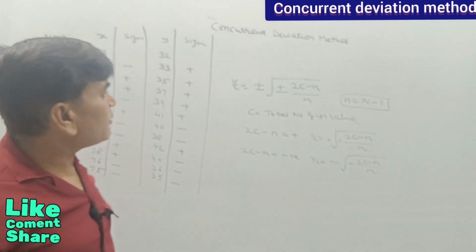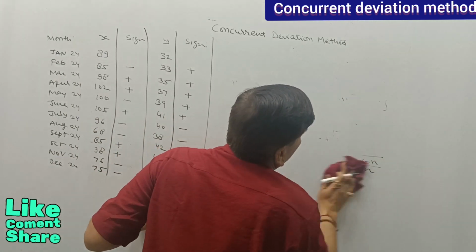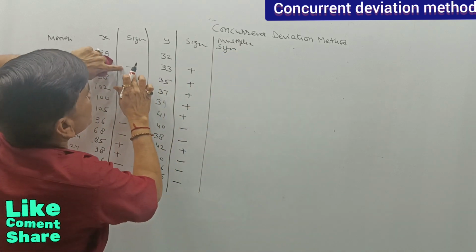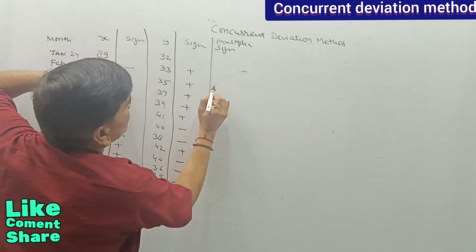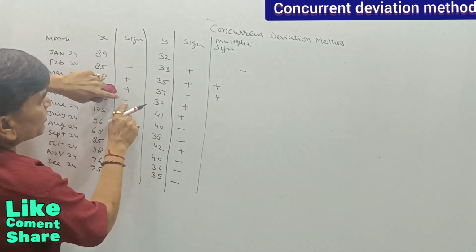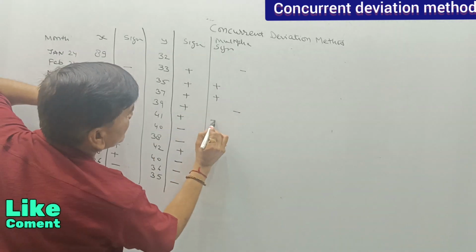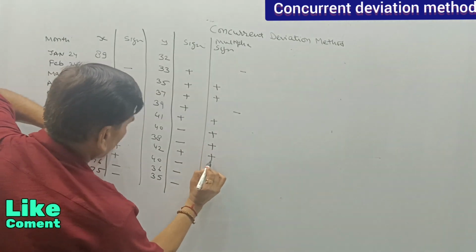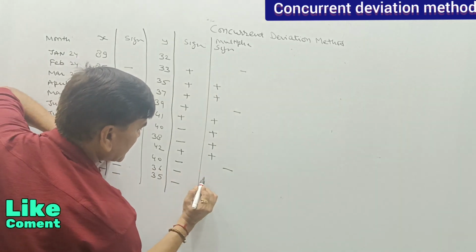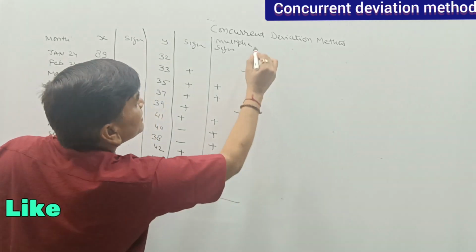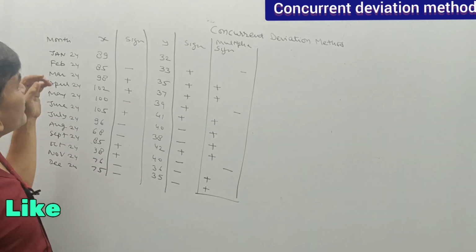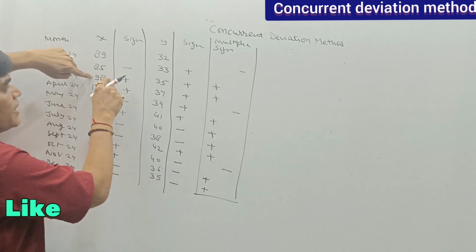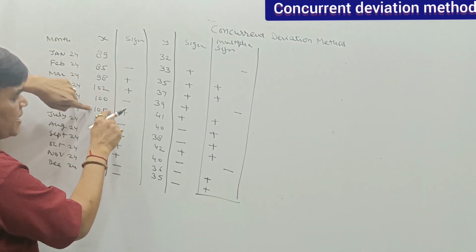Now, to get the value of C, we need the multiplication of signs. For the concurrent deviation method, we require the multiplication of the signs of the X and Y series. In the X series, we saw decrease, so minus; increase, so plus; increase, plus; decrease, minus; increase, plus; decrease, minus.